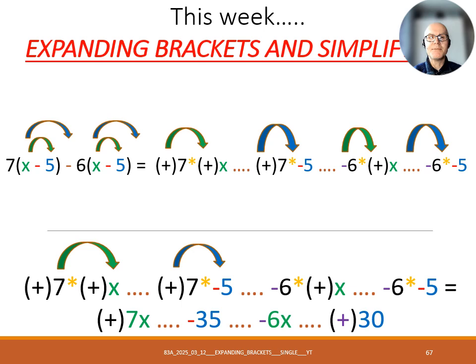Positive 7 times negative 5 equals negative 35. Negative 6 times positive x equals negative 6x. And negative 6 times negative 5 equals positive 30. Negative times a negative equals a positive. 6 times 5, 30, positive 30.